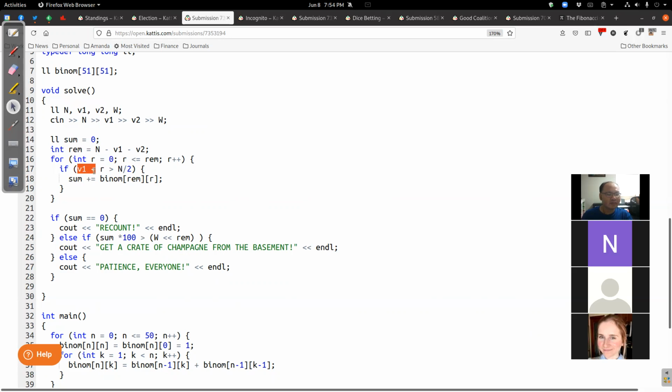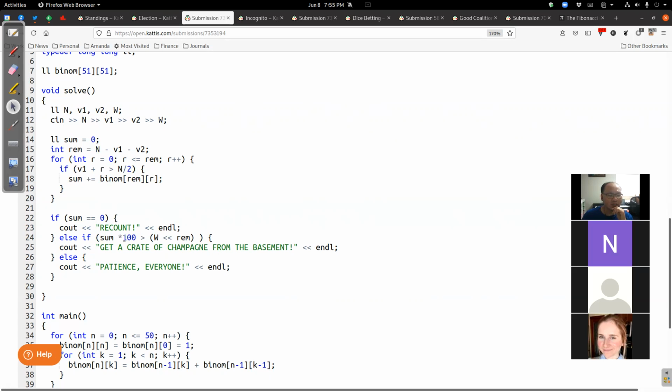If V1 plus R is bigger than N over 2, then I add up the binomial coefficient. So if the total number of votes is enough to push V1 over the half line, then I add the binomial coefficient. If there's no way, then I lost already.